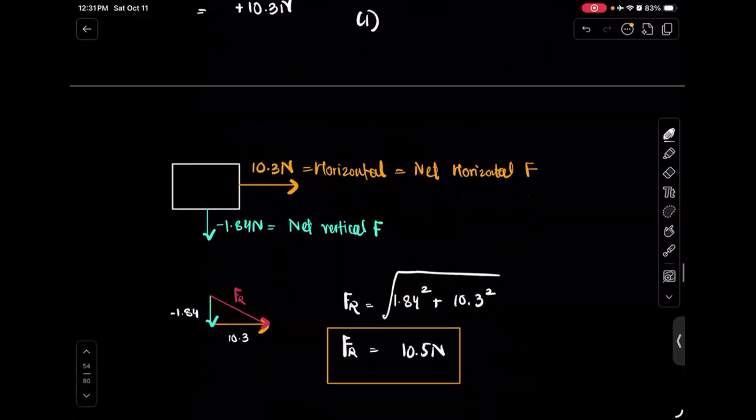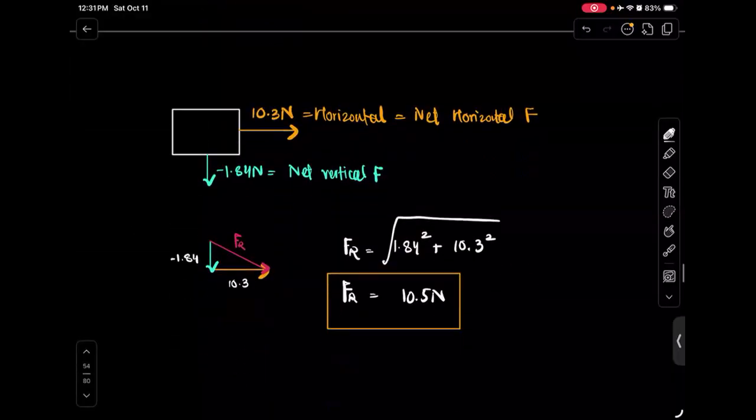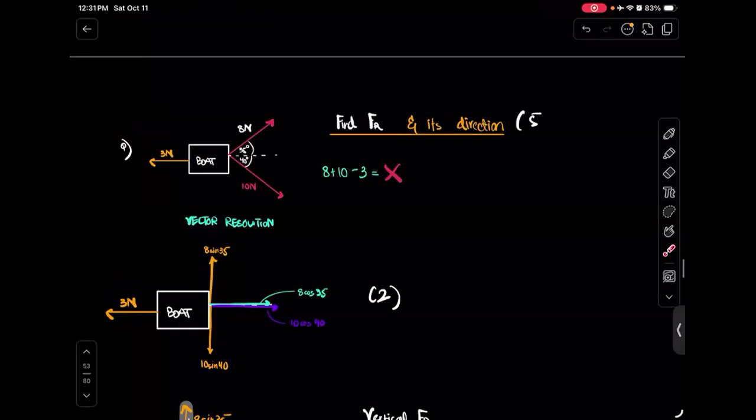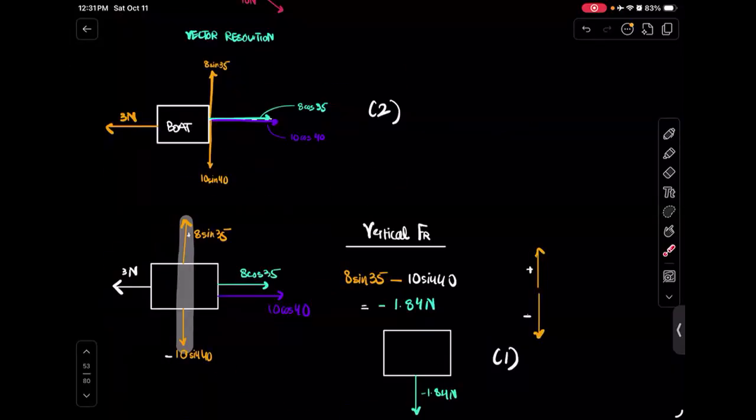Then you find the actual resultant force by using Pythagoras, worth like 2 marks. So don't worry, it's a big question that is broken into parts. You would have lots of time to solve it, but this is just trying to solve the problem in a single go.